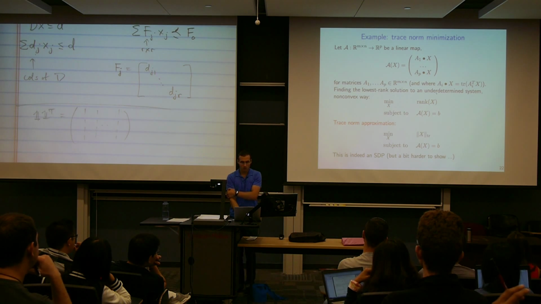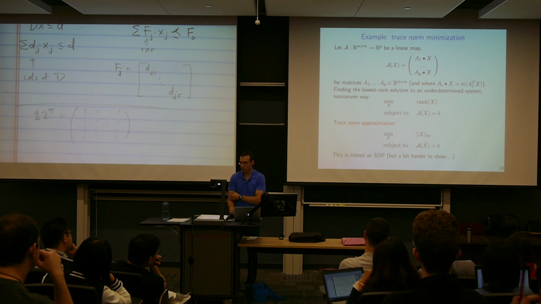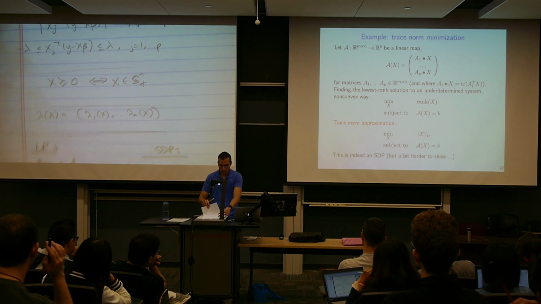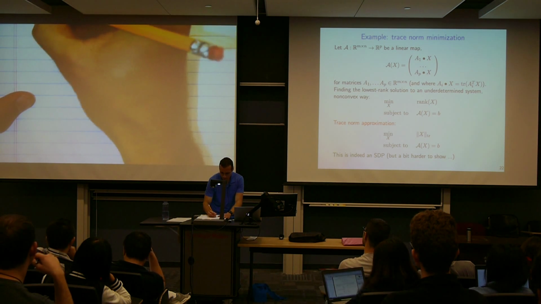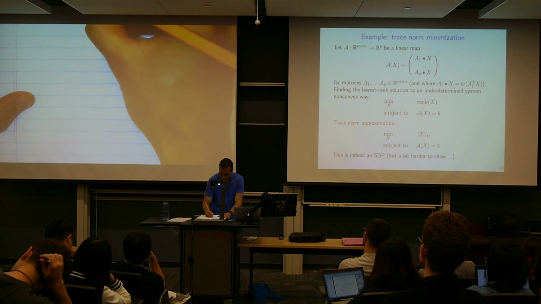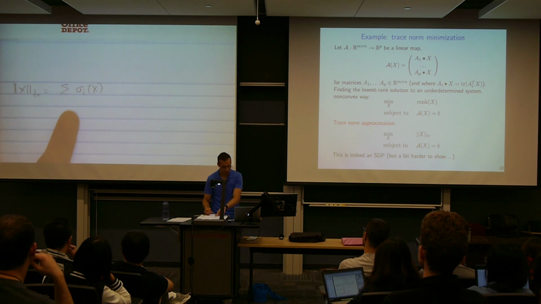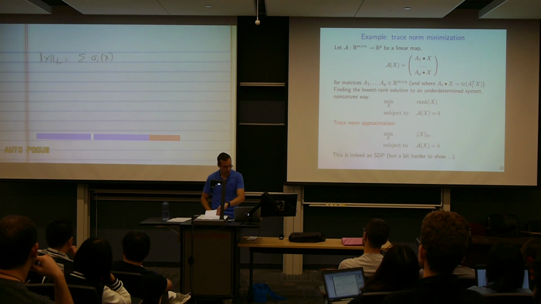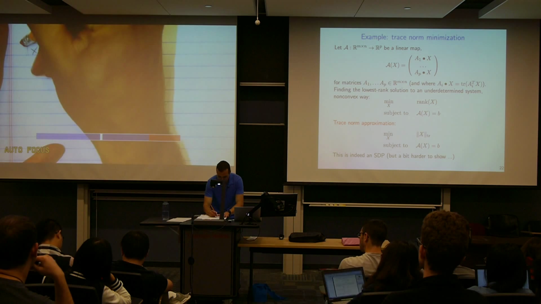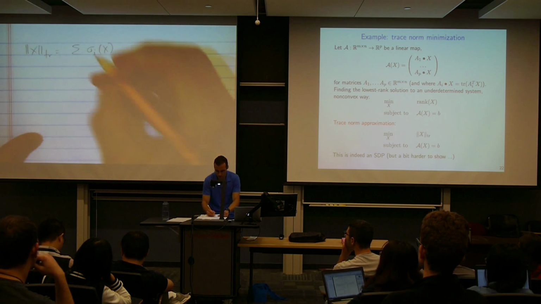It swaps out the rank for the trace norm, which is the sum of the singular values of x. We learned that norm last time. Just to remind you, the trace norm of x is the sum of the singular values of x. We write singular values usually as sigma_i of x and eigenvalues as lambda_i of x. Here x need not be square, so that's why I'm using singular values.